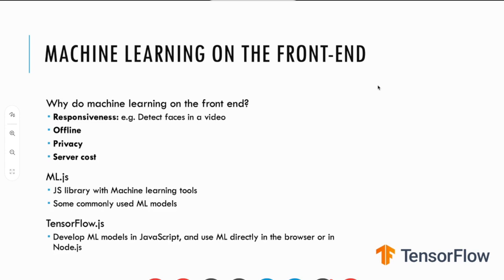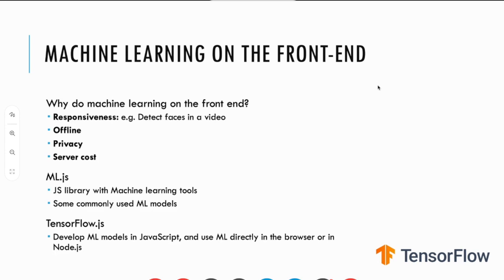So there are different libraries and tools available for doing machine learning on the front end. The first one is ML.js, which is a JavaScript library which gives you access to a lot of machine learning tools, for example, matrices, array manipulation, data engineering, and it also provides some commonly used machine learning models that are pre-built in the library. So you can feed the data to it and start building your models.